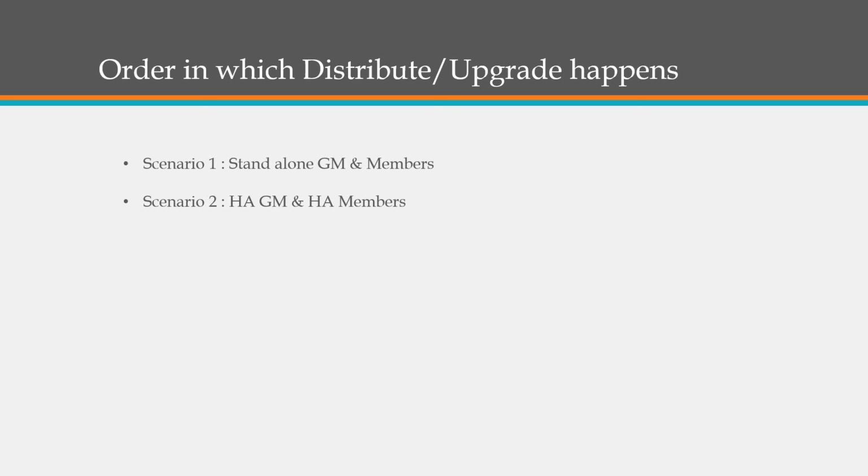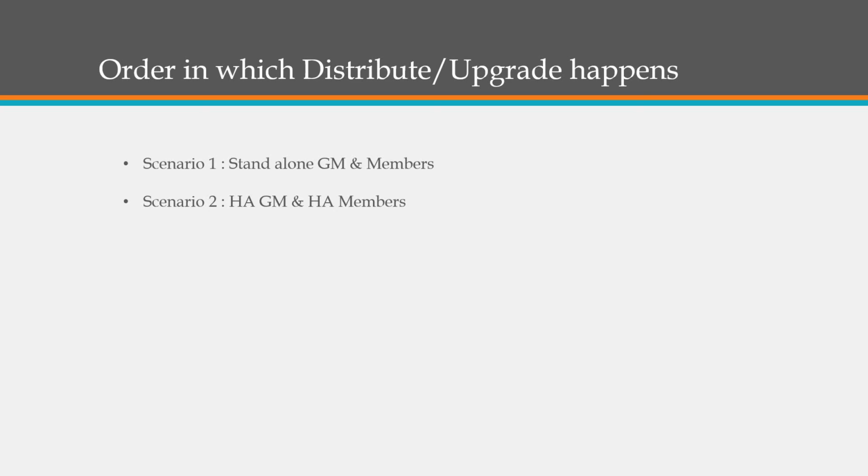So in that scenario, I will first assume that there are no additional upgrade groups configured. Then I will walk you through these two scenarios. The first scenario is a standalone grid master and standalone members. Here it's pretty straightforward.